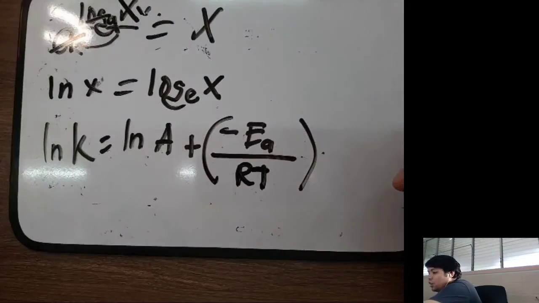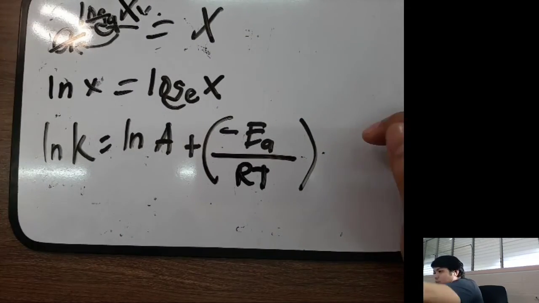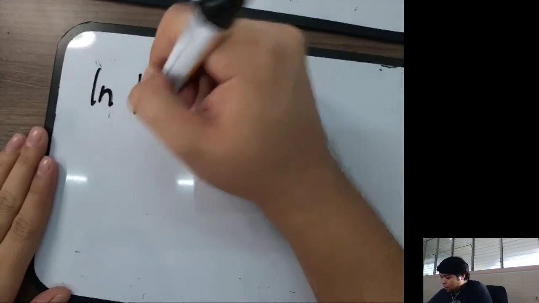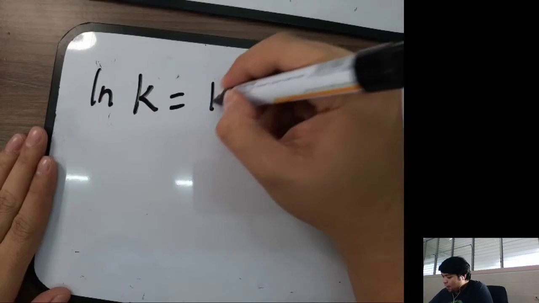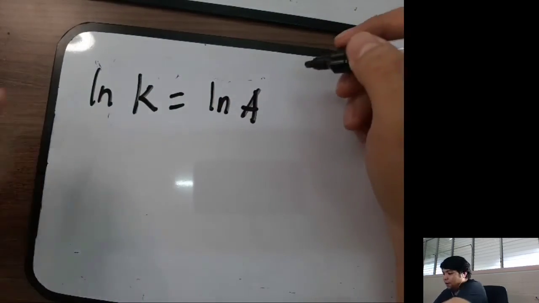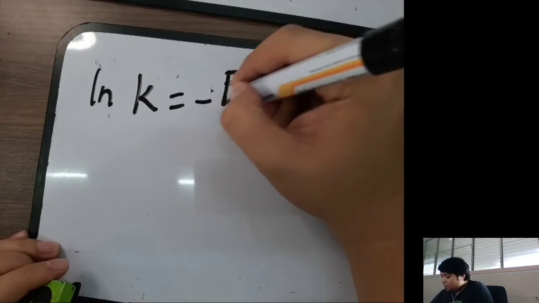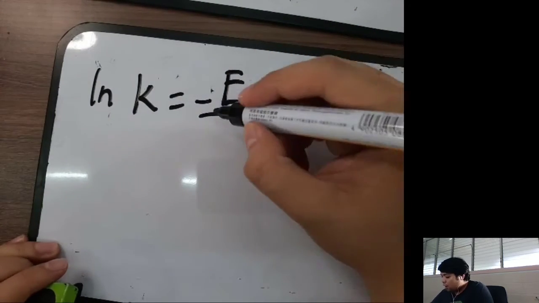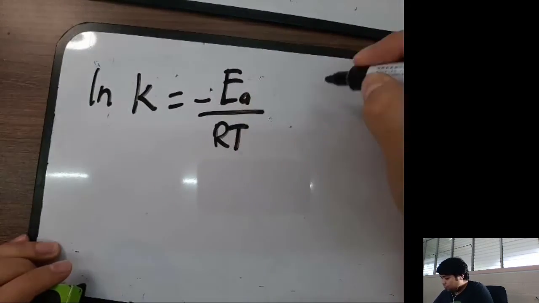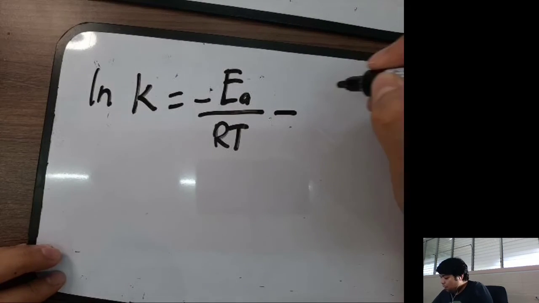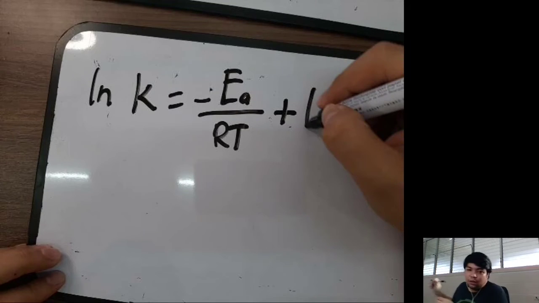Rearranging the equation will give you ln k is equals to negative E sub A, or activation energy, over RT plus ln of A. Okay?